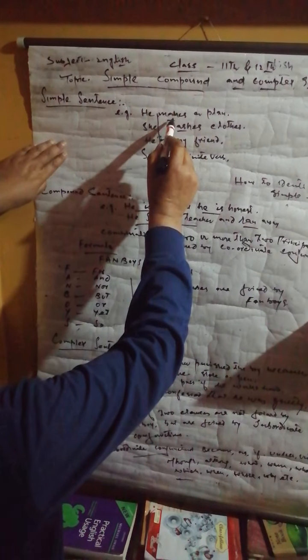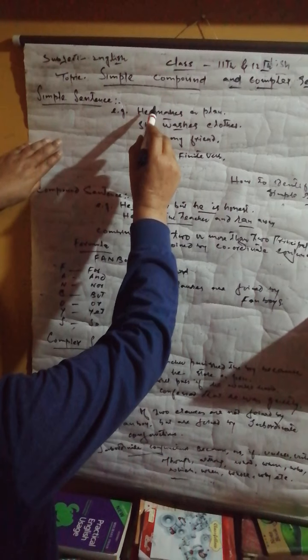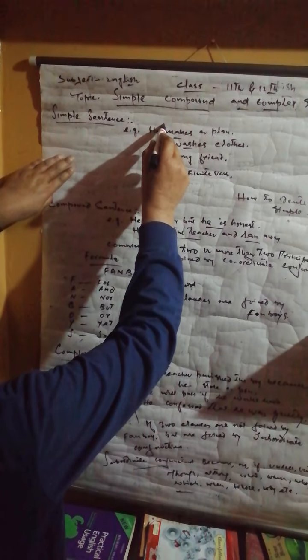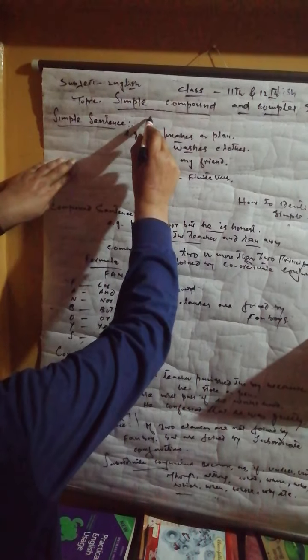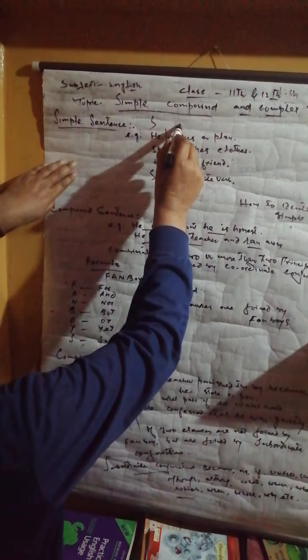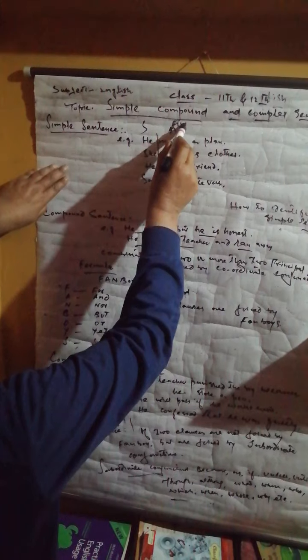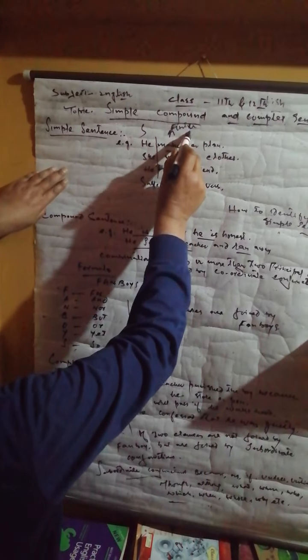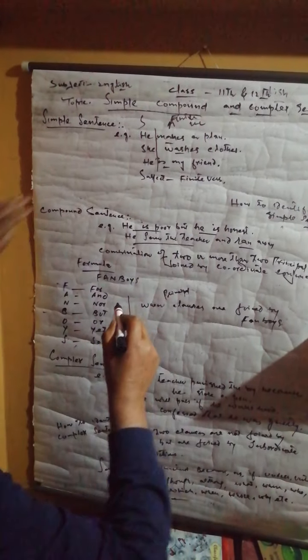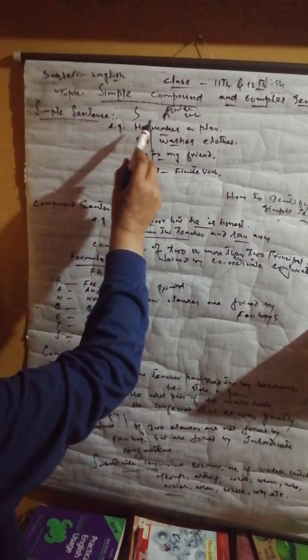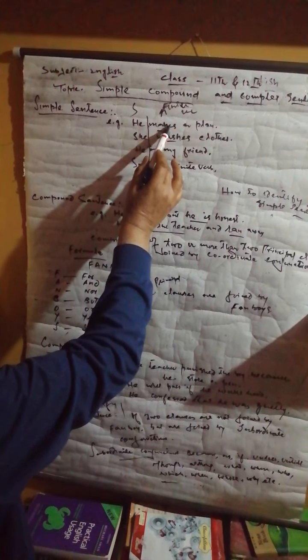Let us take this example. He makes a plan. Here he is the subject, and makes is a finite verb. How is it a finite verb?